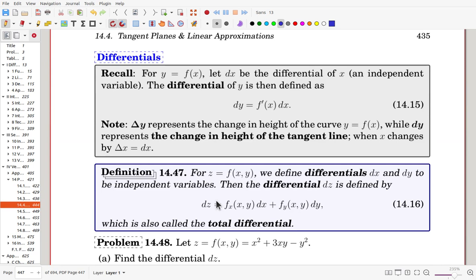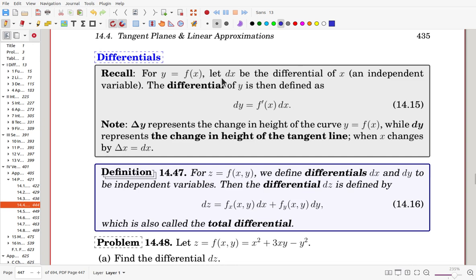Okay, differentials. Recall for y equals f of x, a function of one variable, dx, the differential of x, is an independent variable. Then the differential dy is defined as dy equals f prime of x dx.